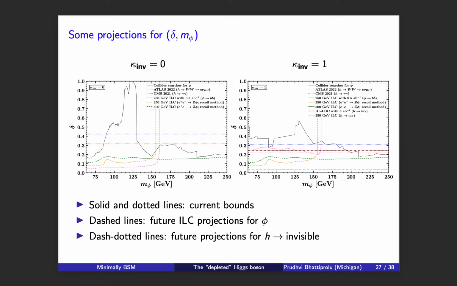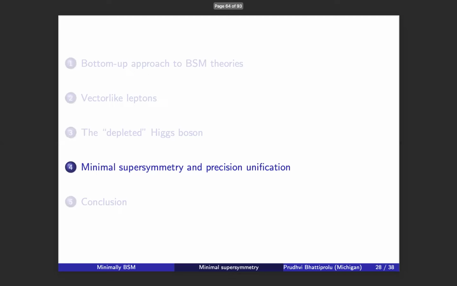So if you have a depleted Higgs scenario, then I'm arguing that the precision probes for the Higgs can be more powerful than the searches for the additional states. Okay, so I'll get to that question after the talk, but if there are any other questions.